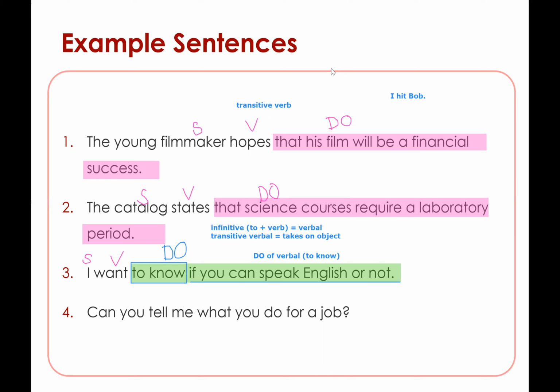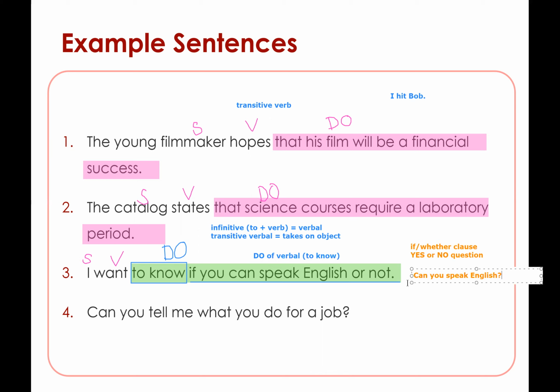And if you remember from our first lesson, if or whether clause comes from a yes or no question, right? So originally, the question was, can you speak English? Yes, I can. No, I can't. And now I'm changing it to a statement.